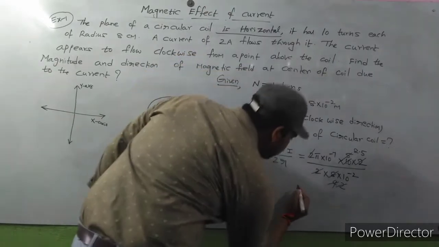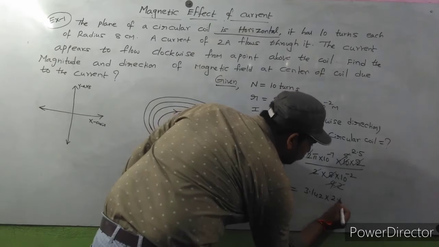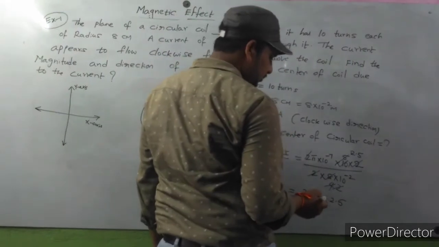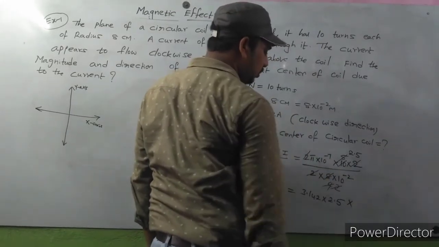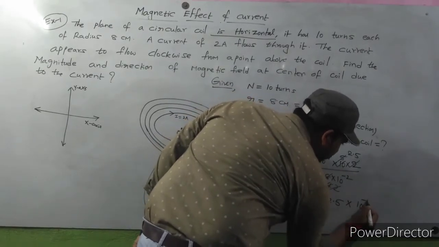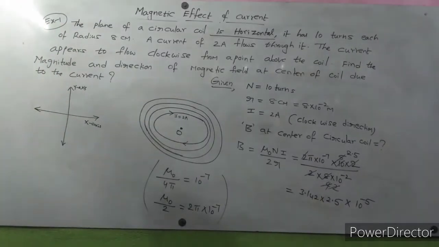So finally we got pi, that is 3.142, into 2.5. Then 10 power minus 7 divided by 10 power minus 2 gives 10 power minus 5.